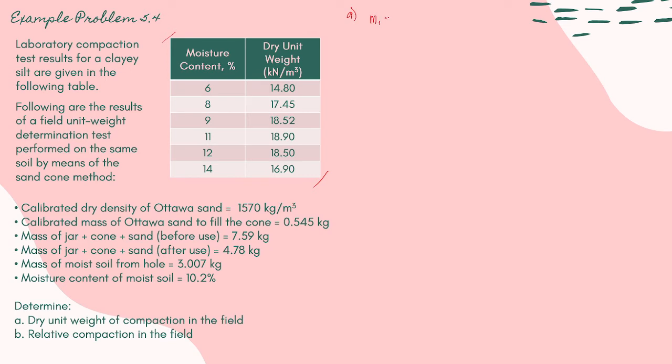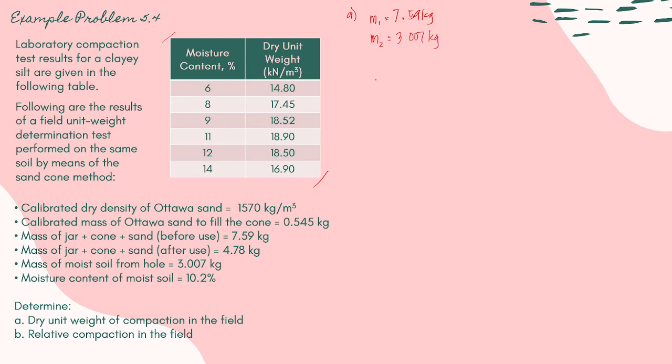For our mass 1, in this case we are dealing in terms of mass. So we have the mass of the sand plus the jar and the cone before use, which is equal to 7.59 kilograms. For M sub 2, this is the mass of the wet soil excavated from the hole, equal to 3.007 kilograms.